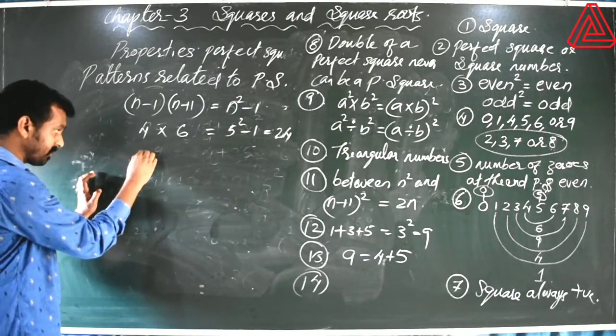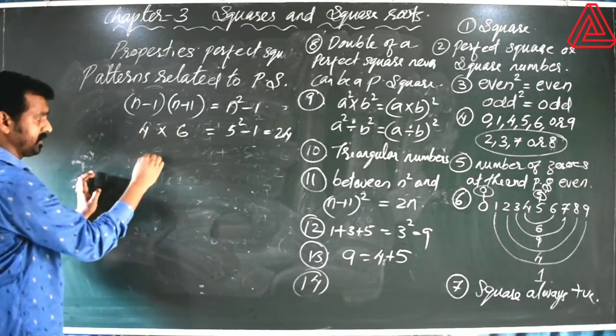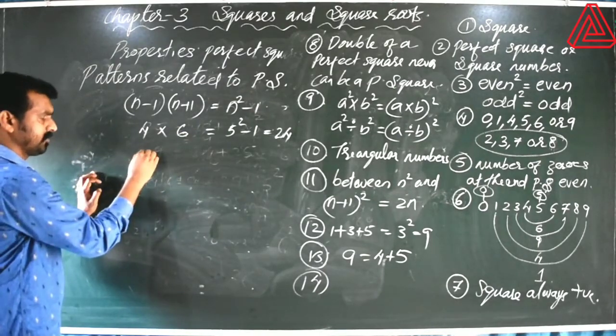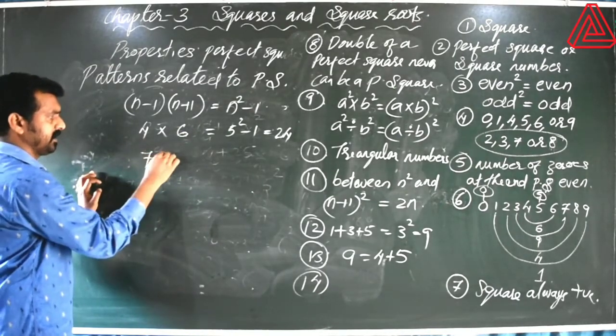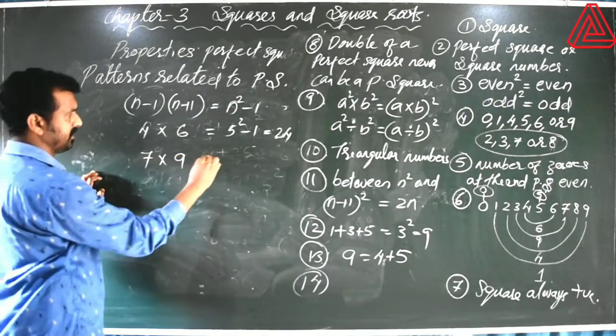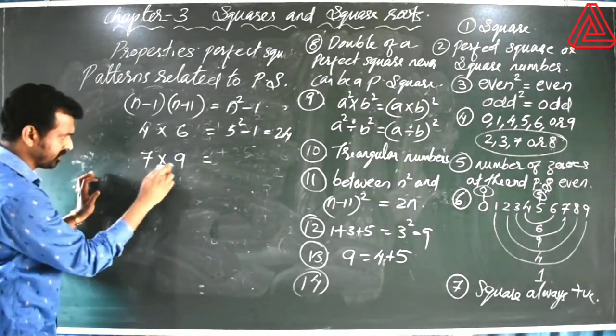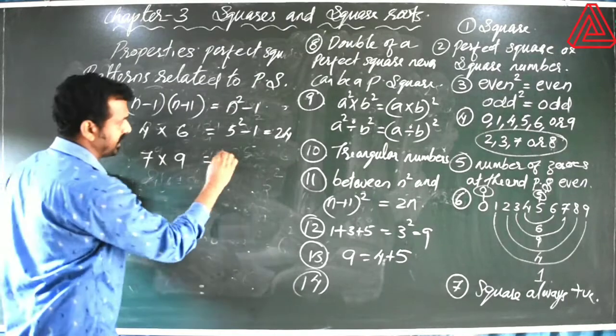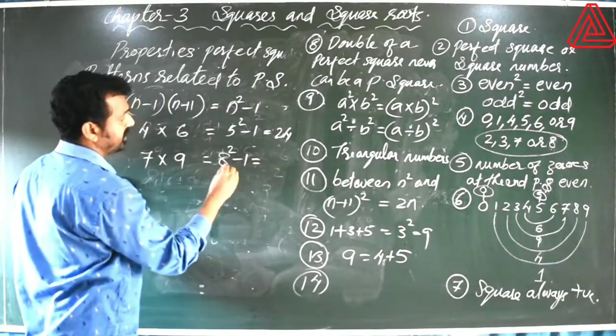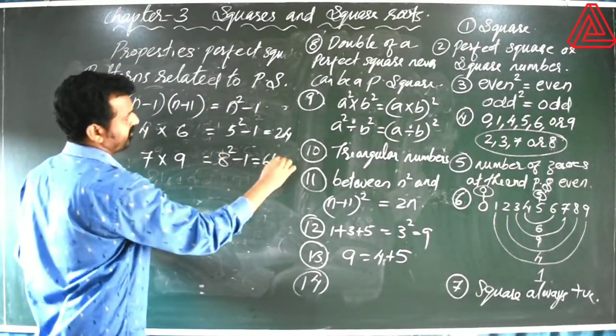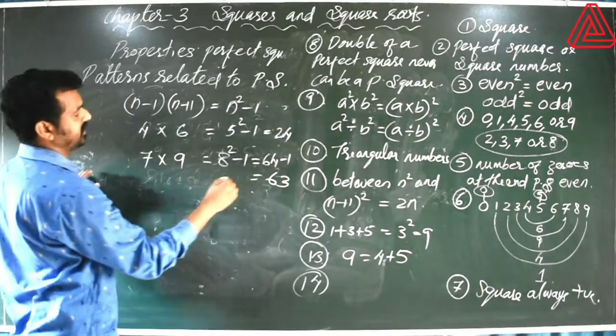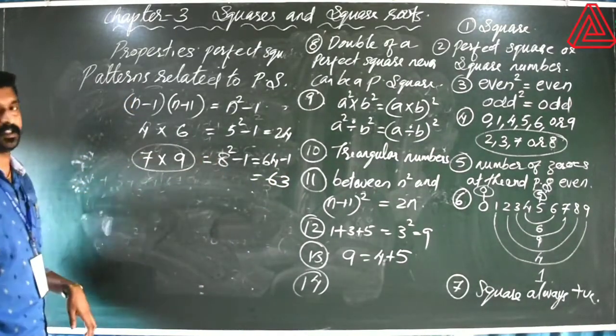Then odd numbers you take. These are two consecutive even numbers. Two consecutive odd numbers, 7 and 9. In between 7 and 9, what is the number? 8. So 8 square minus 1, 8 eights are 64 minus 1, that is equal to 63. We know that 7 nines are 63.